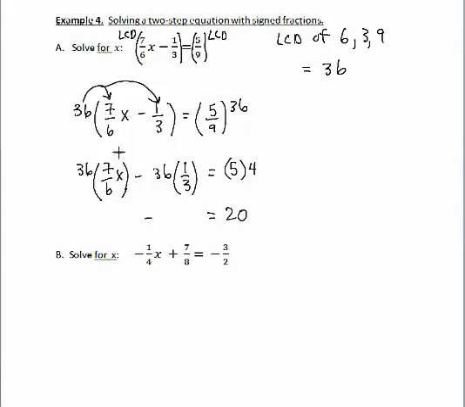If you transfer the 3 underneath the 36, that's what you're doing. You're dividing the 36 by the denominator. So 36 divided by 3 is 12.